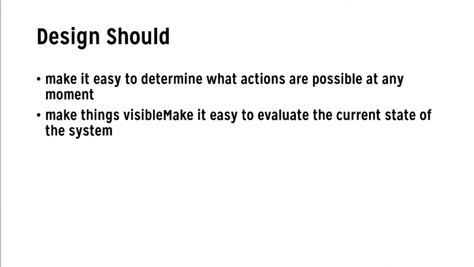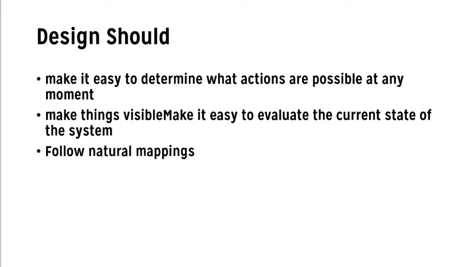Make things visible, and make it easy to evaluate the current state of the system. So again, when they're on your website, they should understand all the options that they have. So not just what actions they're able to do, but what they'll get when they do these actions and all of these things.